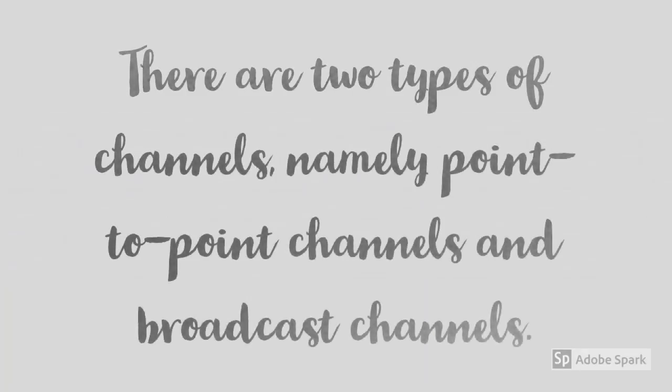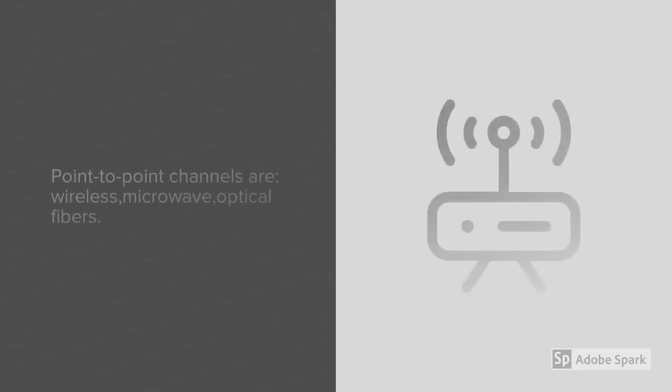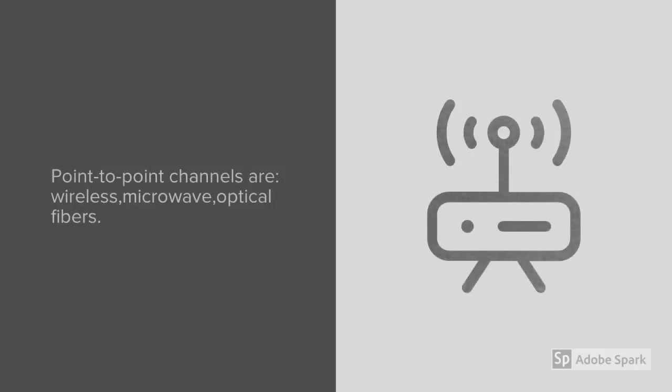When we discuss channels, basically there are two types of channels, namely point-to-point channels and broadcast channels. For example, the point-to-point channels are wireless channel, microwave channel and optical fibers. These three channels operate differently.